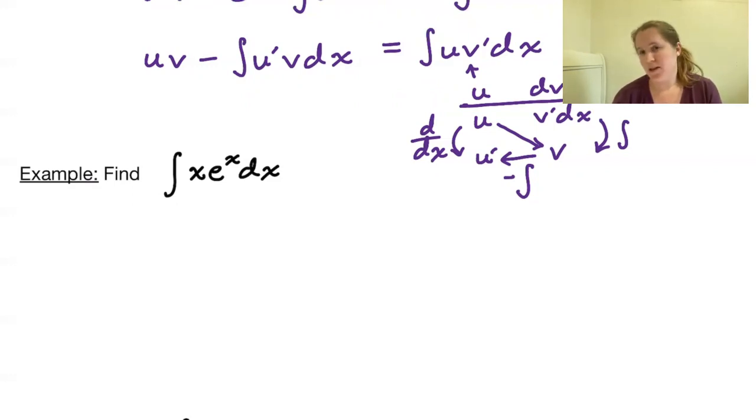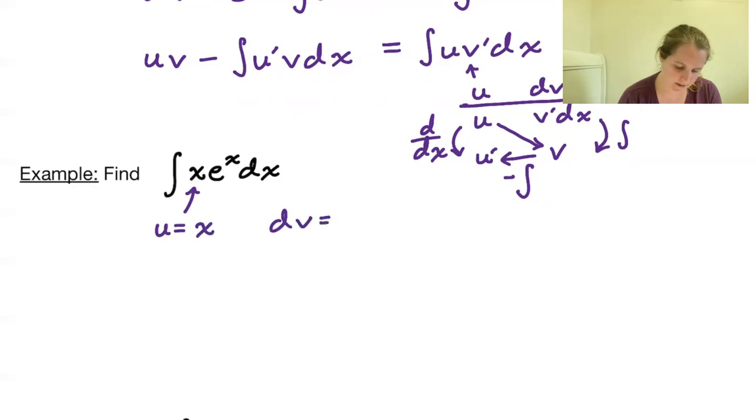E to the x, taking the derivative, taking the integral, it just stays the same. So it doesn't get more complicated either way. So what I'm going to do here is pick u equals x and dv to be e to the x dx. And the reason I did this is because this gets simpler with differentiation.